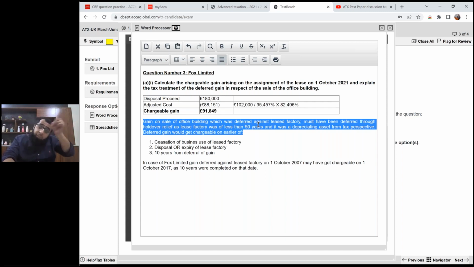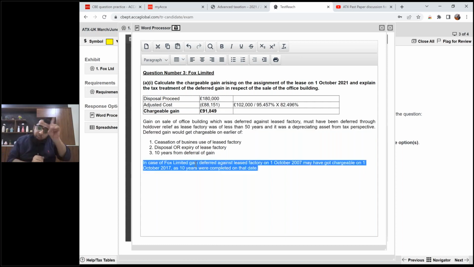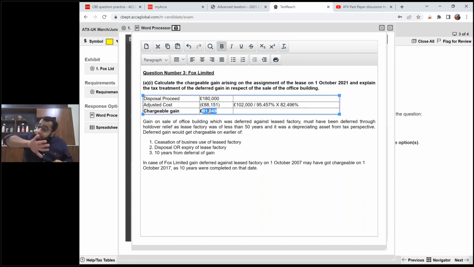That gain of the office building will get chargeable after 10 years. The gain which was chargeable after 10 years was the gain of the office building, not of the lease factory. Disposal of the lease factory is something different. Its gain is 91,849. It is closed. Forget about it now.